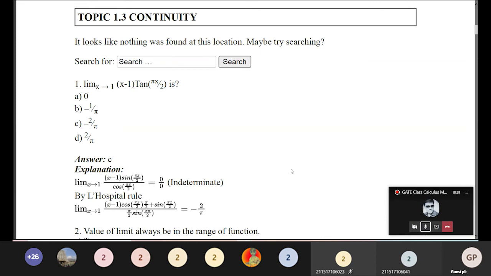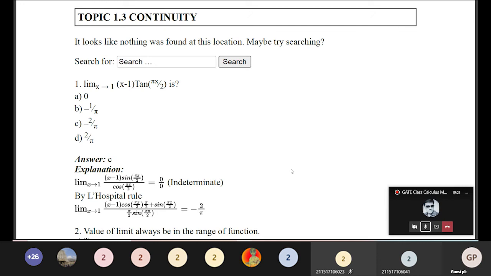Okay, students, I hope you understand tan pi x by 2 can be written as sin pi x by 2 divided by cos pi x by 2. Now applying x tends to 1, the numerator will be sin pi by 2, the denominator will be cos pi by 2. Though the sin pi by 2 value is 1, x minus 1 will be 0. So numerator 0, denominator 0.